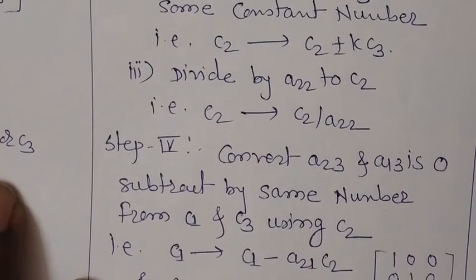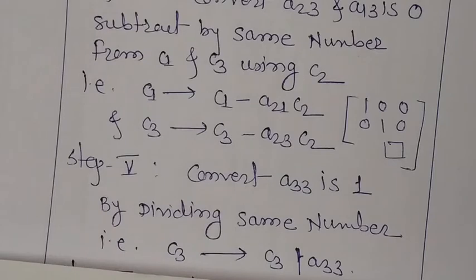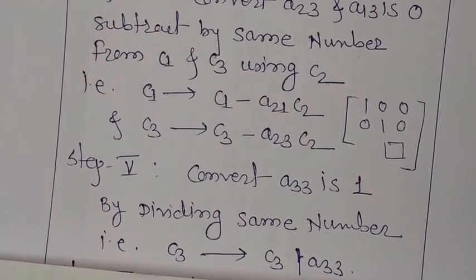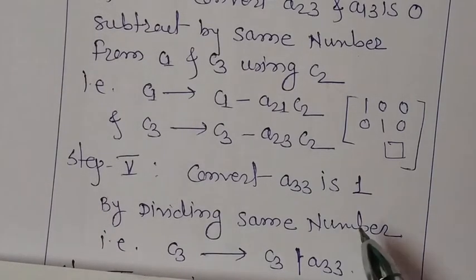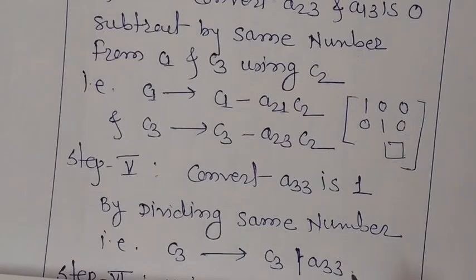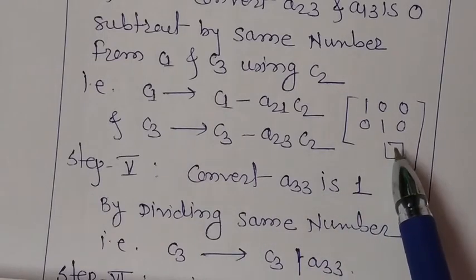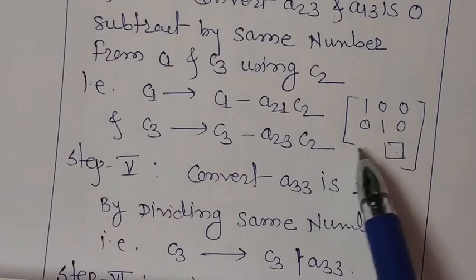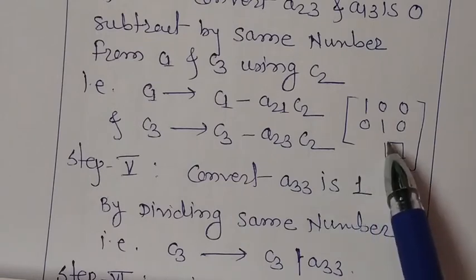Step 5 begins: convert A33 to 1, so for A33 being 1, divide by the same number, so C3 by A33. Now using this conversion, this becomes 1, and now we convert these two numbers to 0, A31 and A32 to 0.